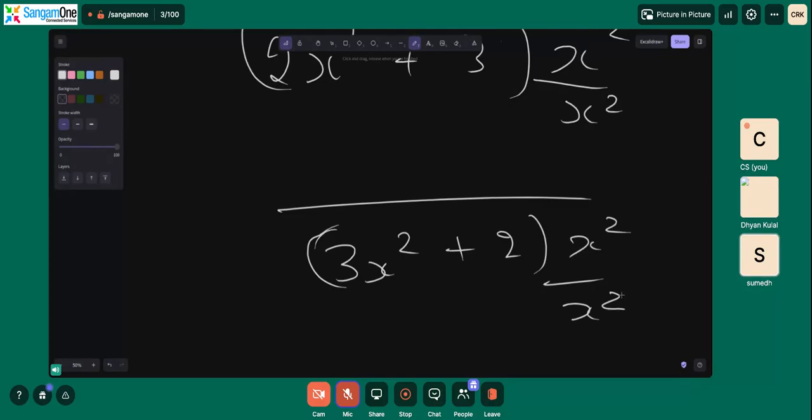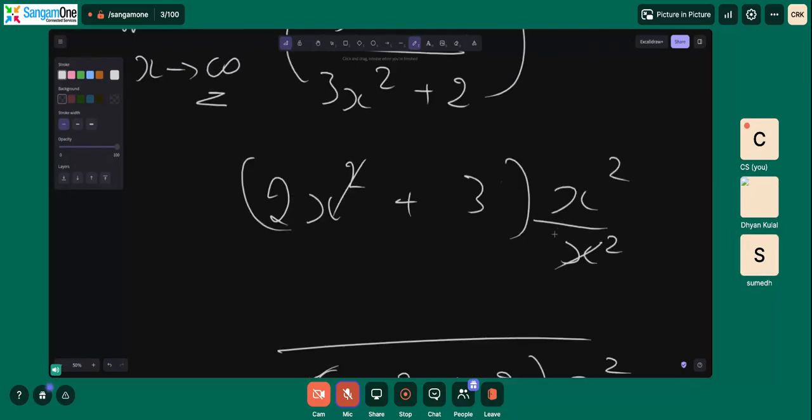Now I'm just multiplying x square by x square. So what will happen? This will cancel this, but here it will come back.